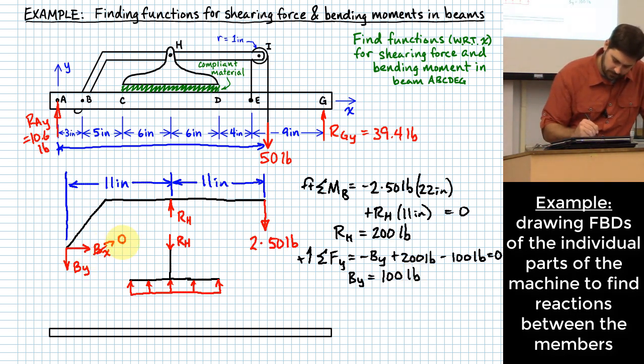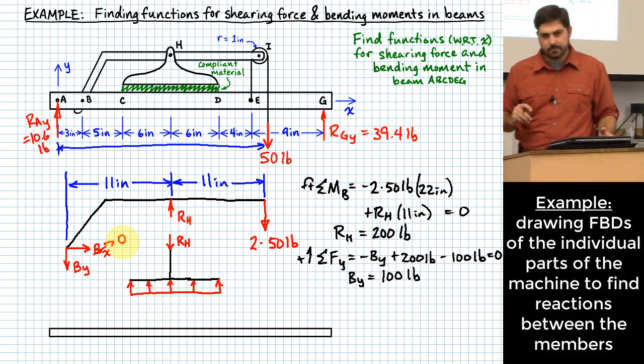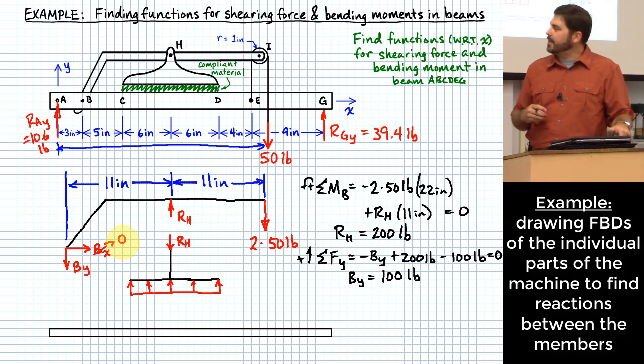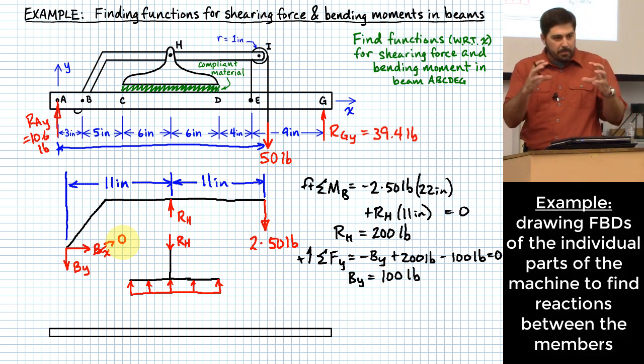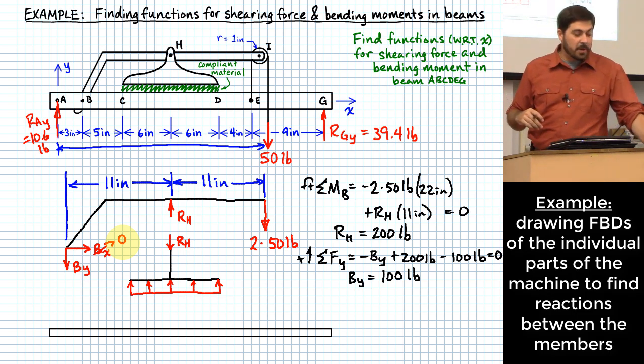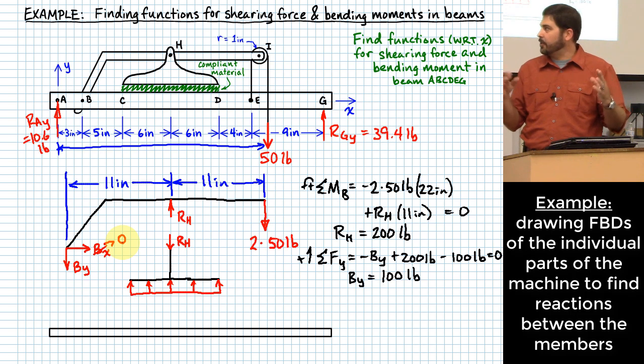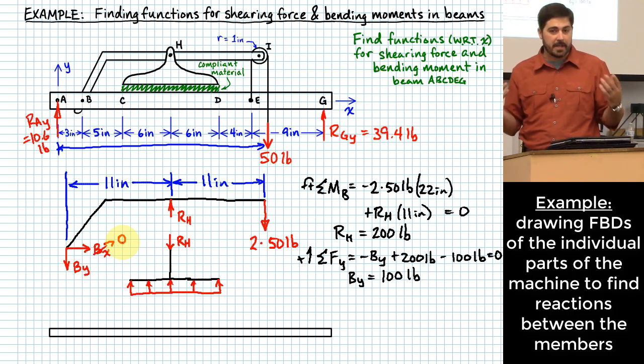If we found out that like our compliant material did have an X component, would we just do a moment about B? Okay? Her question is, what if we figured out that that assumption was bad? Like you had that compliant material in there and it actually was pushing left or right. I would say we would actually need another piece of information before we would really know what to do. Because we would have to know exactly what that reaction was doing. And right now I don't think we have enough information to be able to assume anything about that.